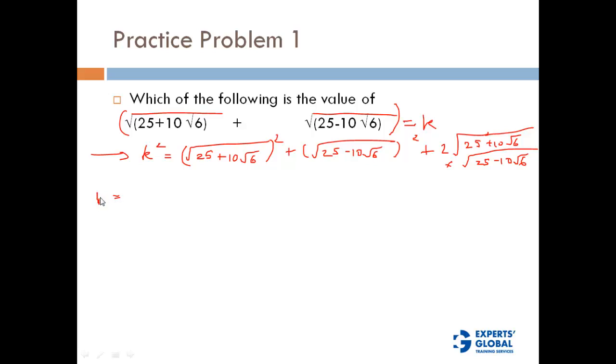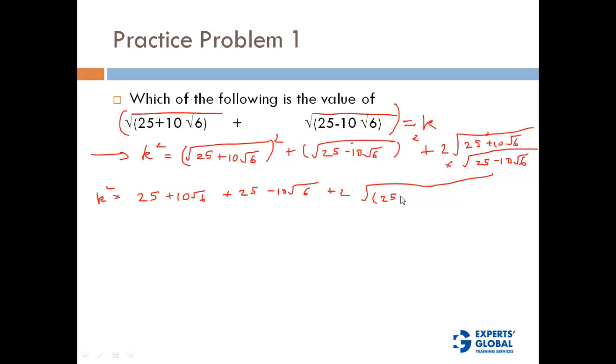So we get k square equal to, this under root and this square get cancelled. So what we get is 25 plus 10 root 6. Same thing here, this under root and this square will get cancelled. So we get plus 25 minus 10 root 6 plus 2 times the whole under root, because both these expressions are under roots, so we can club them.